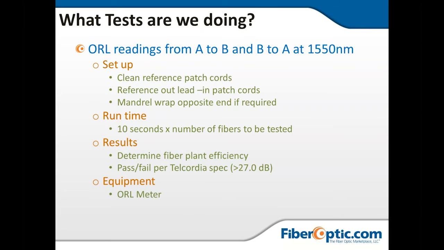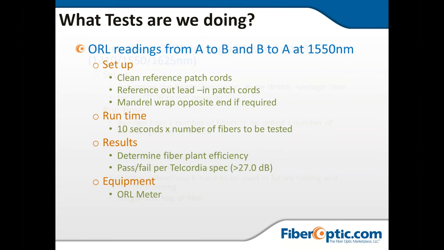We've got to keep our reflectances down so we don't overdrive and have ringing, so we've got to keep reflectance to a minimum. The equipment used is an ORL meter.